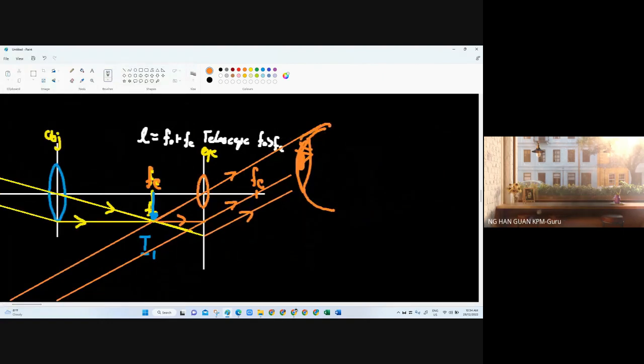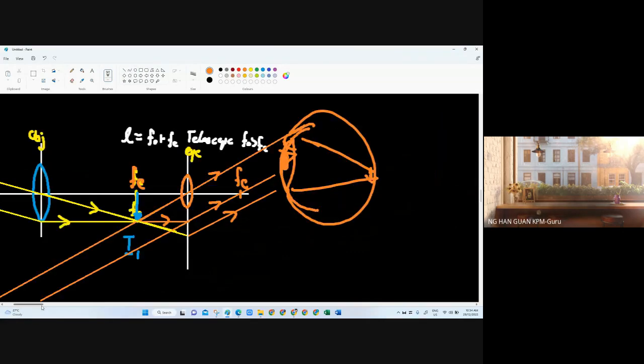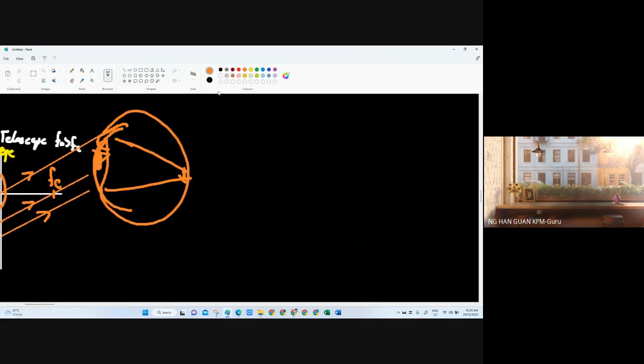This sharp image will be exactly just like our objective lens forming the image. Only the difference is that the final image is like this, because the object is upside down.